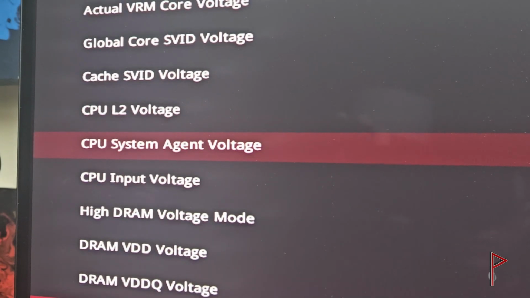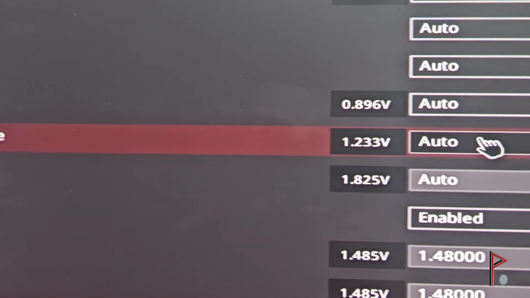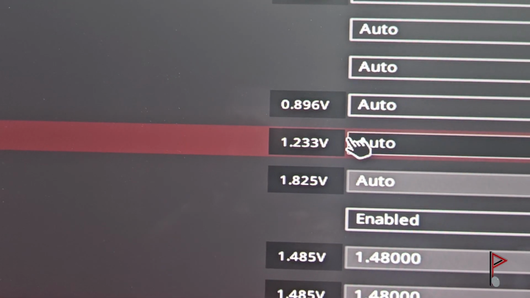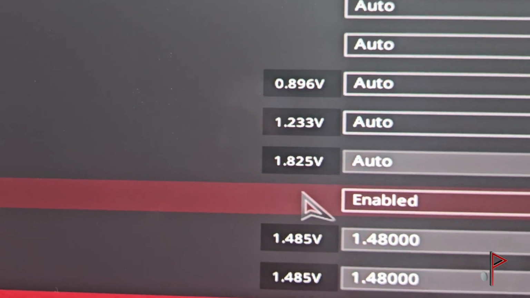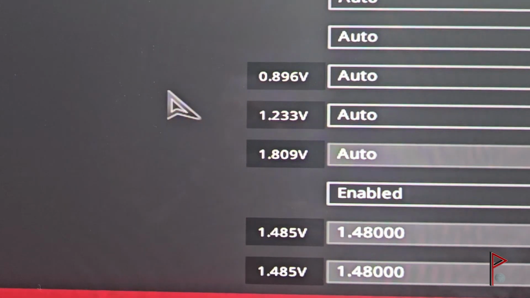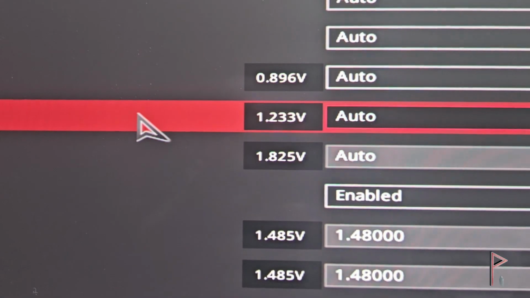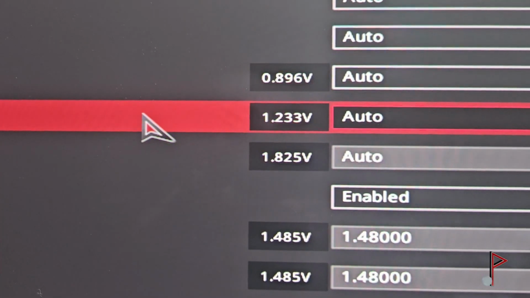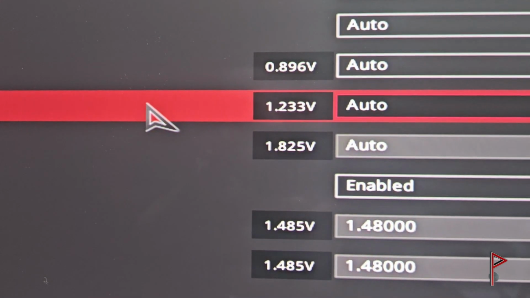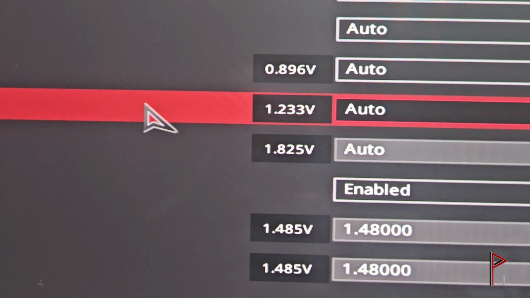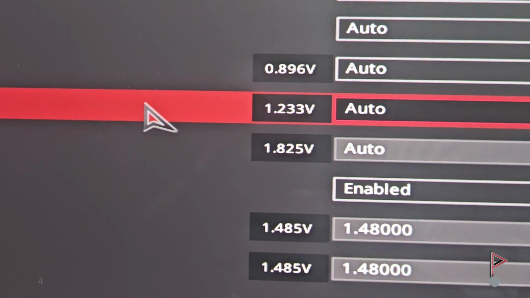This is CPU system agent voltage. This is the stock setting, 1.23 volts. What is system agent? System agent helps the different parts of your computer's processor, in particular those connected to your RAM, to communicate smoothly and reliably.